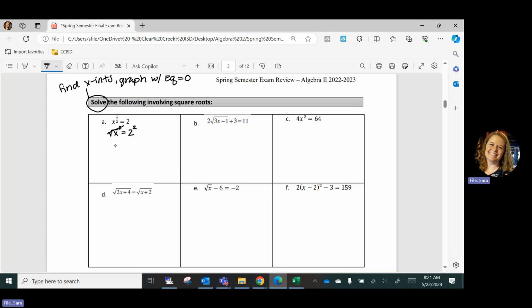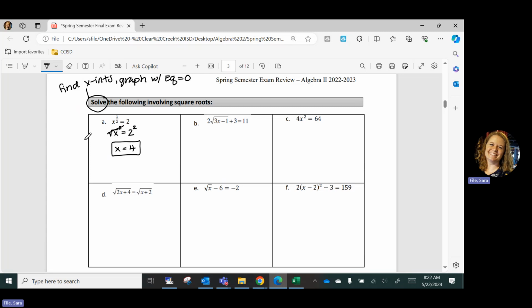That would get rid of the square root there. And 2 squared is 4. So yes, some of them are very basic and it's probably quicker to just do the algebraic steps if you know what you're doing. That's faster than going through and pulling up Desmos and getting it all typed in. Some of them are more complicated, and so graphing may be your best bet.